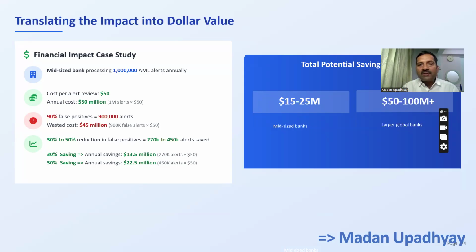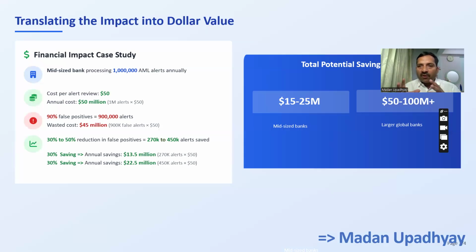So where is the opportunity? The opportunity is maybe reducing this 90% noise to 30%, 40%, or 50%. Let's understand the business case. The estimated cost per alert is $50, so the annual cost comes to $50 million. With 90% false positives, that means 900K alerts, and that costs you $45 million. That's the opportunity lying on the table.